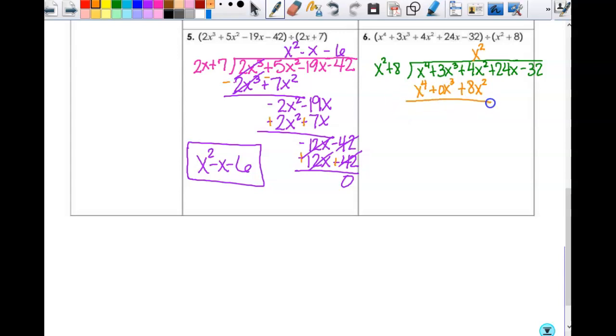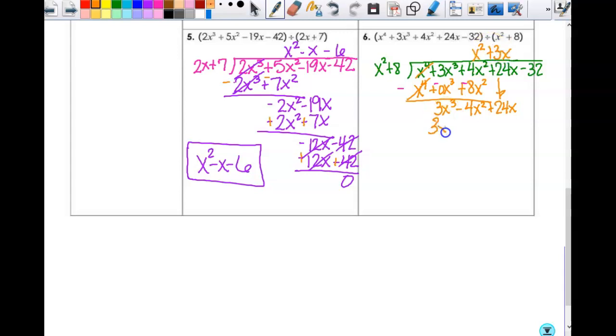All right, so then I change the signs. Negative, negative, negative. And these zero out. This is going to give me 3x cubed. And then I'm going to have minus 4x squared. And then I bring down the positive 24x. Okay. So now x squared into 3x cubed is 3x, so plus 3x goes above the x term.